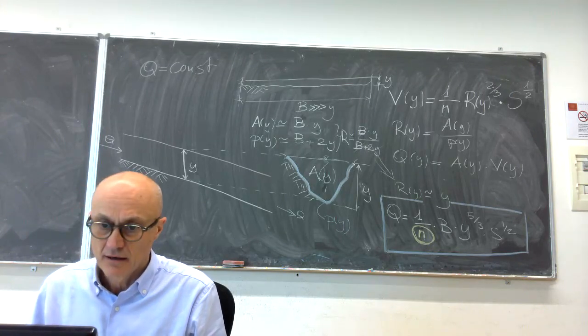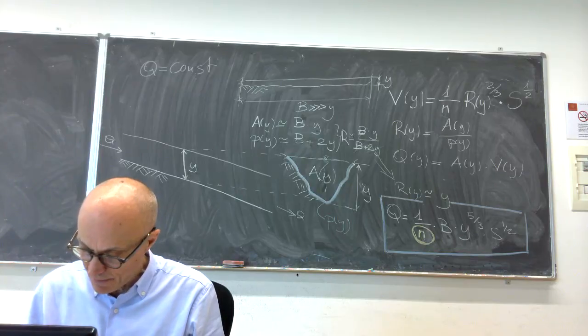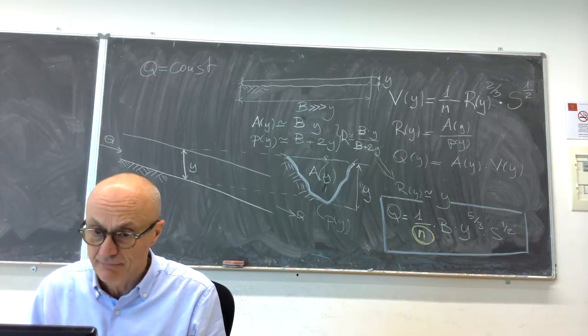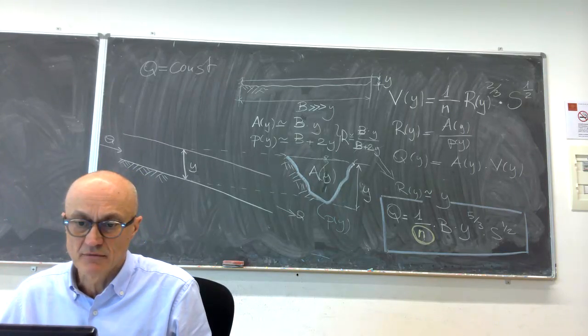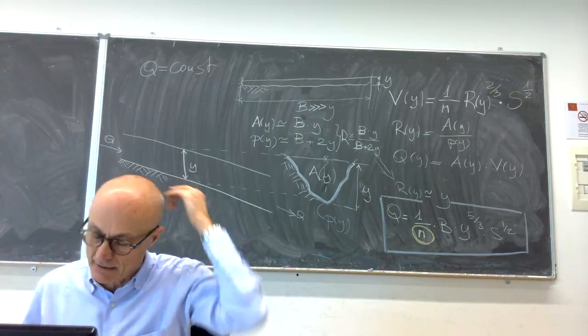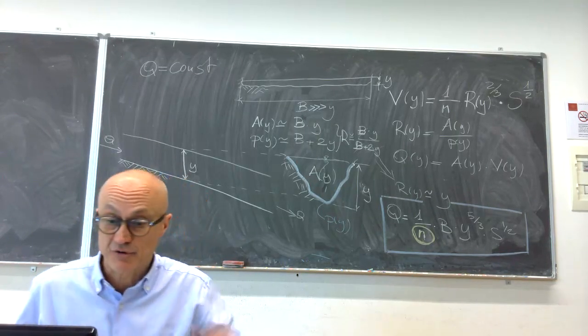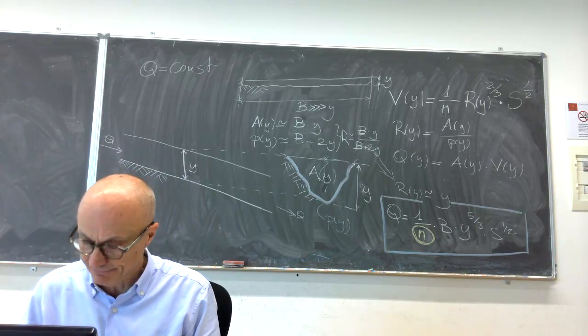This is the roughness coefficient. Then another thing that we need is the width of the river cross section, in meters. Another thing is the water depth, meters again, and the slope.